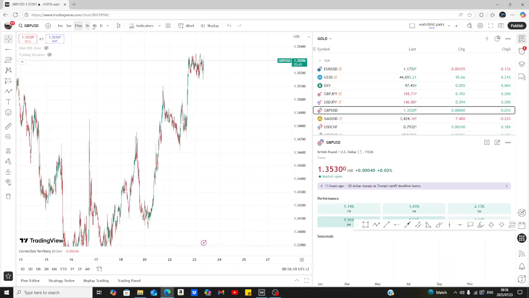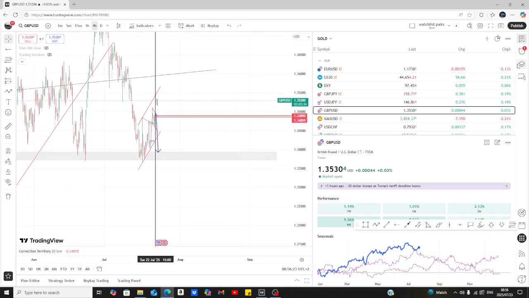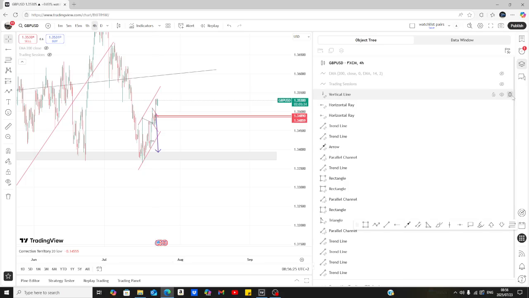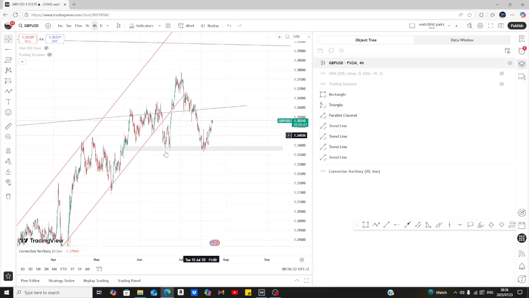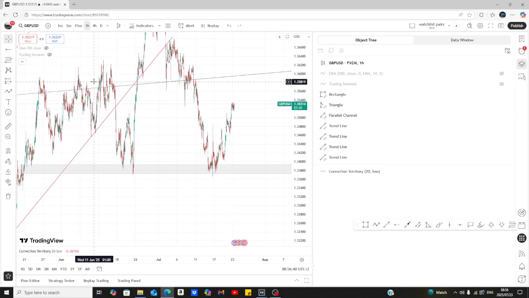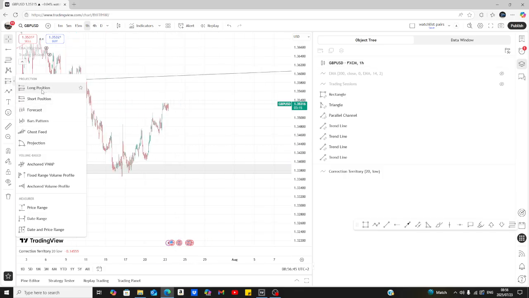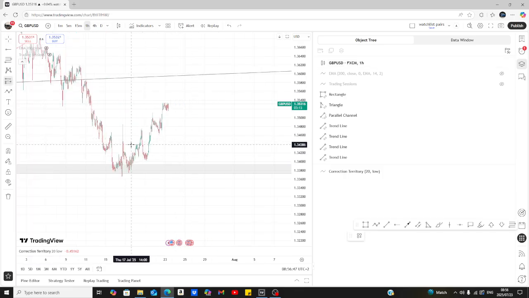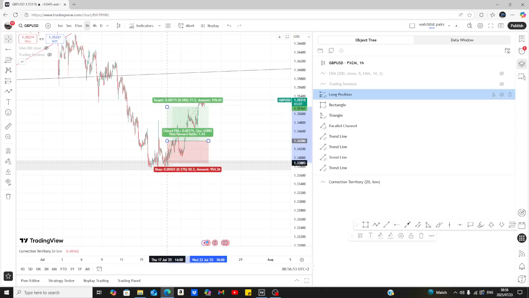This one is interesting. Let's also check GU, because if you recall, let me just clear this. I actually took a trade on GU that worked out quite well. If you recall my first video for the week, price was around this area right here, and I said that GU is looking to form some sort of head and shoulder formation, and I entered the trade right around here, and my stop loss was around here.